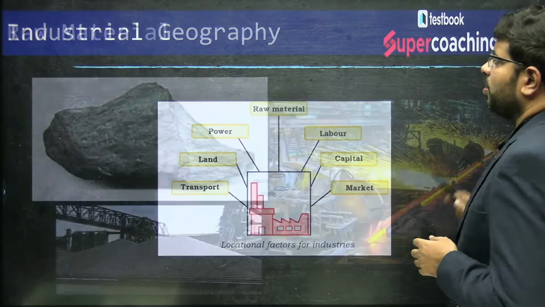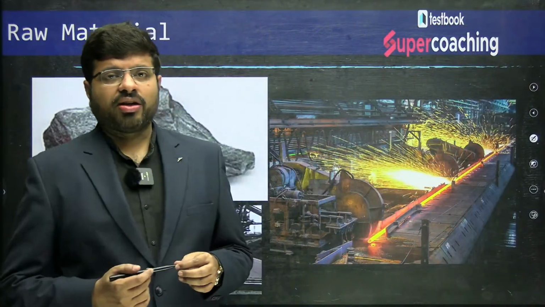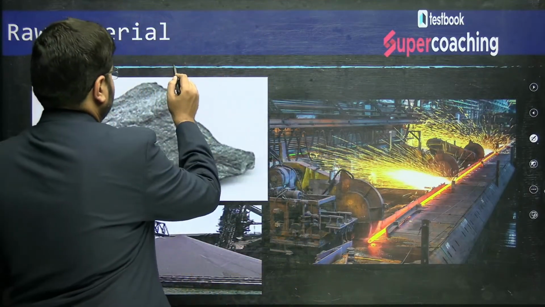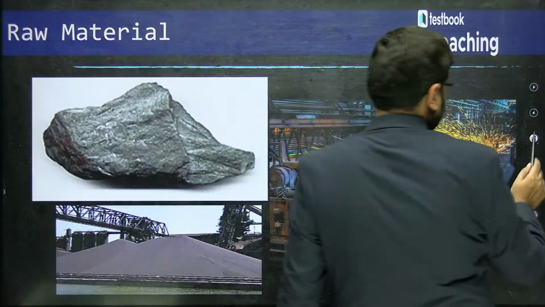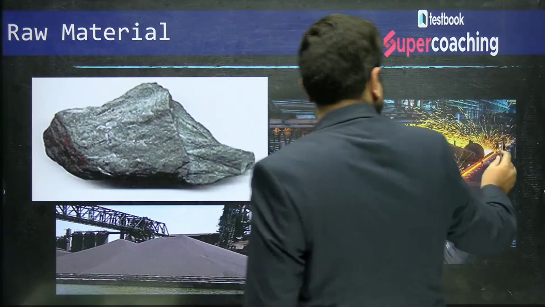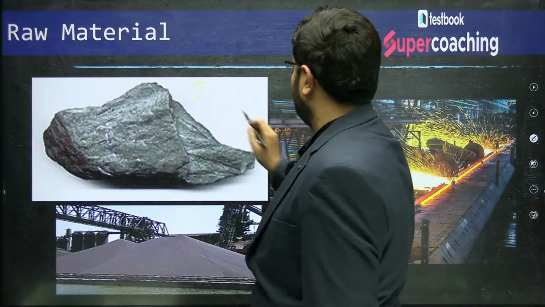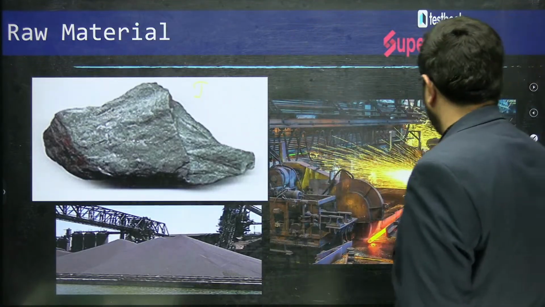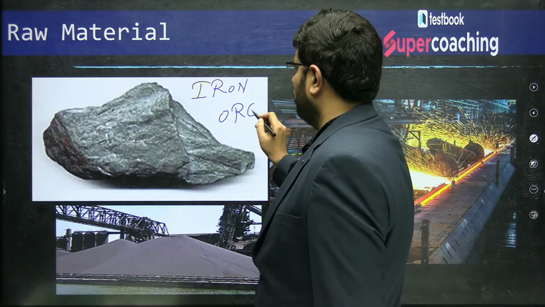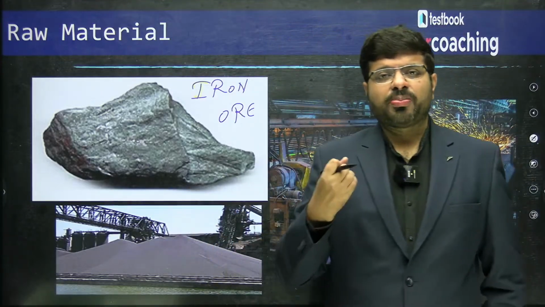When you talk about raw material, the first factor, the locational factor of an industry is the raw material. Imagine you have iron ore, hematite, magnetite, which contain around 70 to 80% iron content.